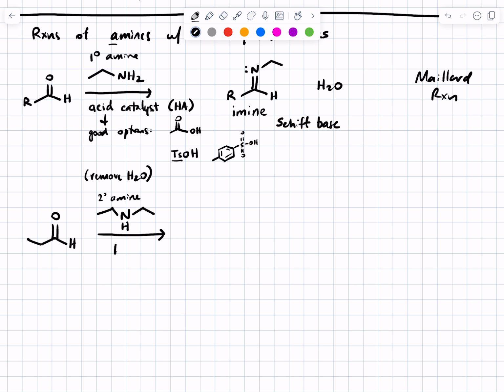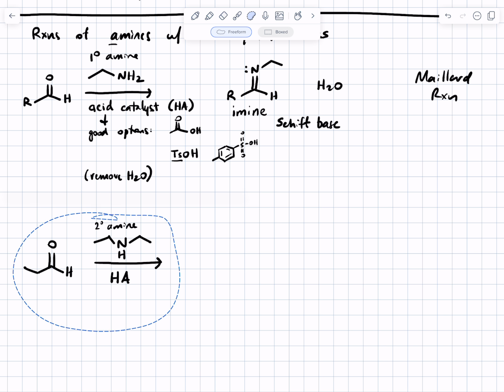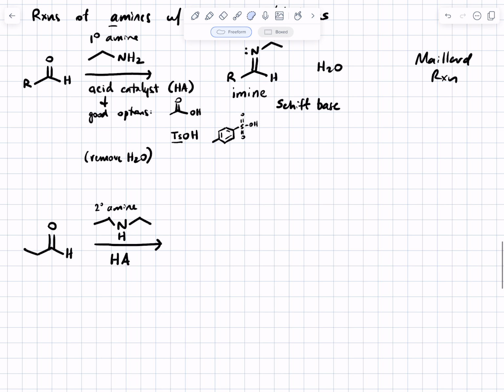Again, we'll use an acid catalyst with the same sort of choice as above. And again, we'll probably need to remove water for this to happen efficiently. Turns out the product of this reaction is not an imine. It still has the nitrogen in place of the oxygen, but instead, the pi bond isn't between what used to be the carbonyl carbon and the nitrogen. It's between the carbonyl carbon and the alpha carbon.